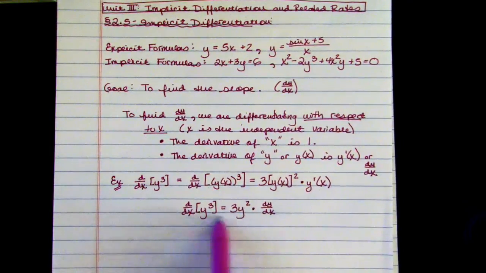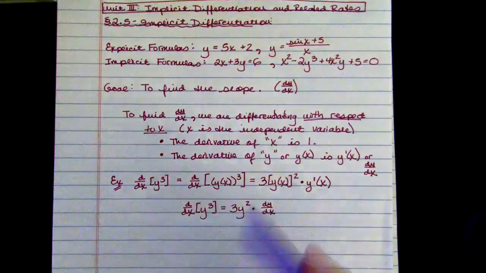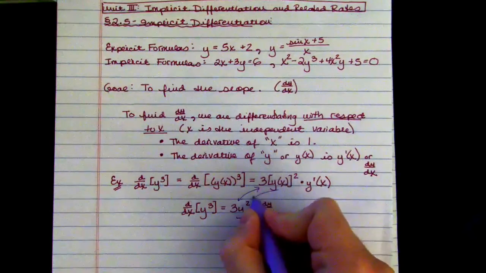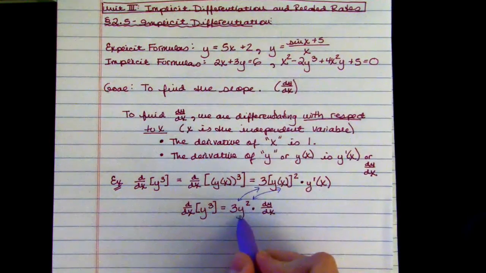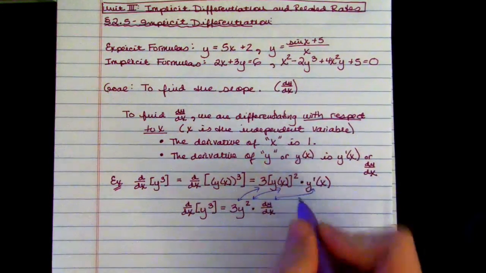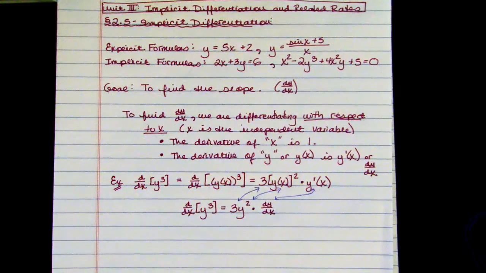This and this tell the same thing. This notation is just a little bit more compact. But I still have my 3. I still have my y of x squared. I'm just calling it y squared rather than y of x squared, but the of x is implied. And I have my y prime, or my dy dx. They're all there. This is just the notation that we're going to use.